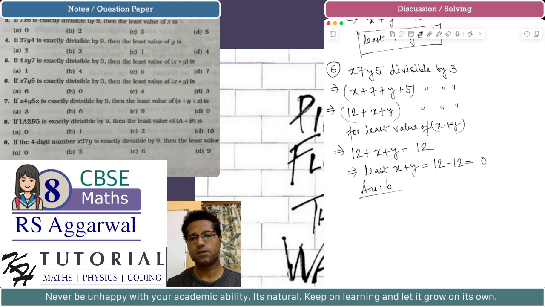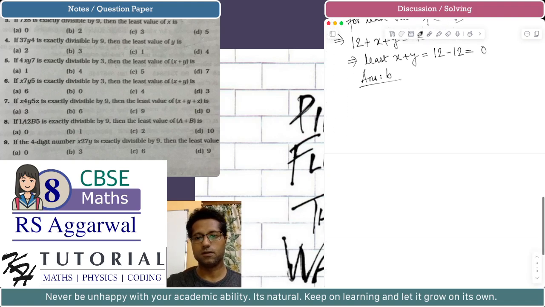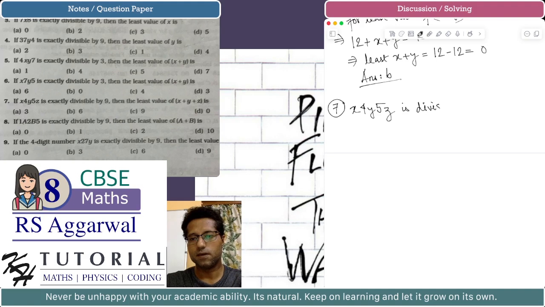Okay, let's solve question number 7. The given number is x4y5z. So this is a 5-digit number. If this number is exactly divisible by 9, then the least value of x plus y plus z is. So it is given this is divisible by 9.